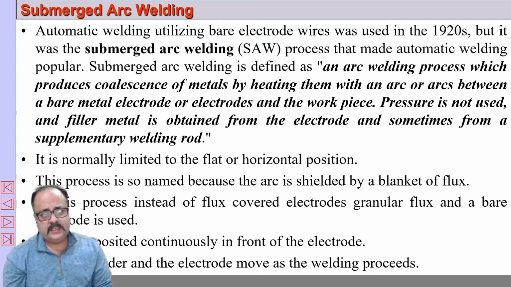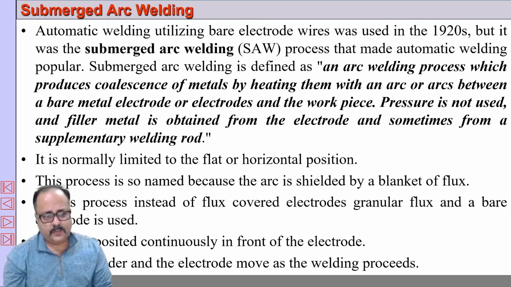Primarily you can say the arc is submerged by a layer or a blanket of fluxes. These fluxes are normally granular, and the selection of the flux depends on the wire electrode and the base metal.